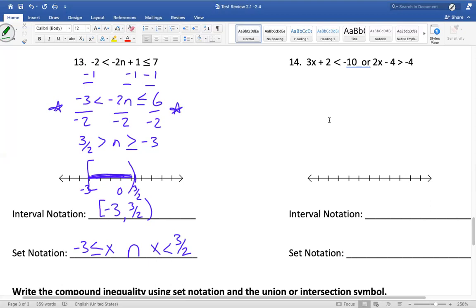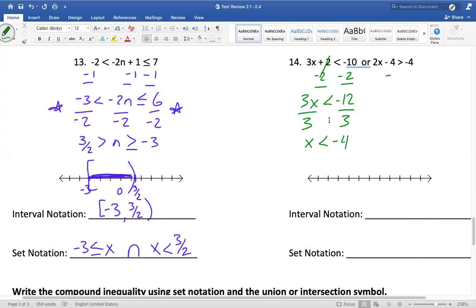All right, here, or inequality. So, or inequality, I'm going to solve each one independently. So I'm going to subtract -2, and I have 3x less than -12. Divide by 3, we have x is less than -4.